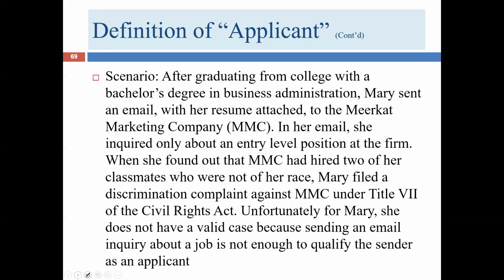So let's consider a scenario to see how this can play out. We have Mary. She just graduated from college. She has her degree, and she sends an email to a company and attaches her resume. So it certainly seems like she's aspiring to be an applicant. However, in her email, she only mentions an interest in a particular position, an entry-level position in the organization.